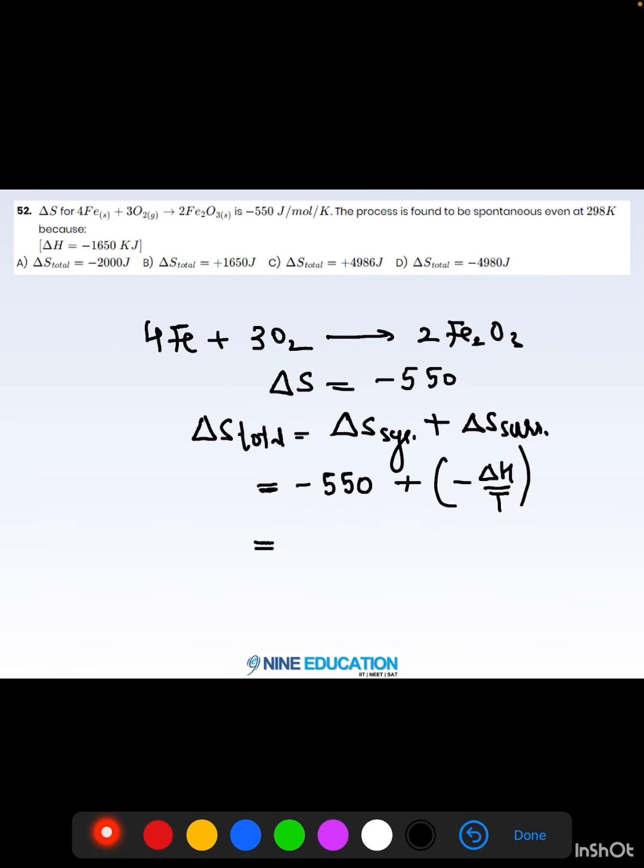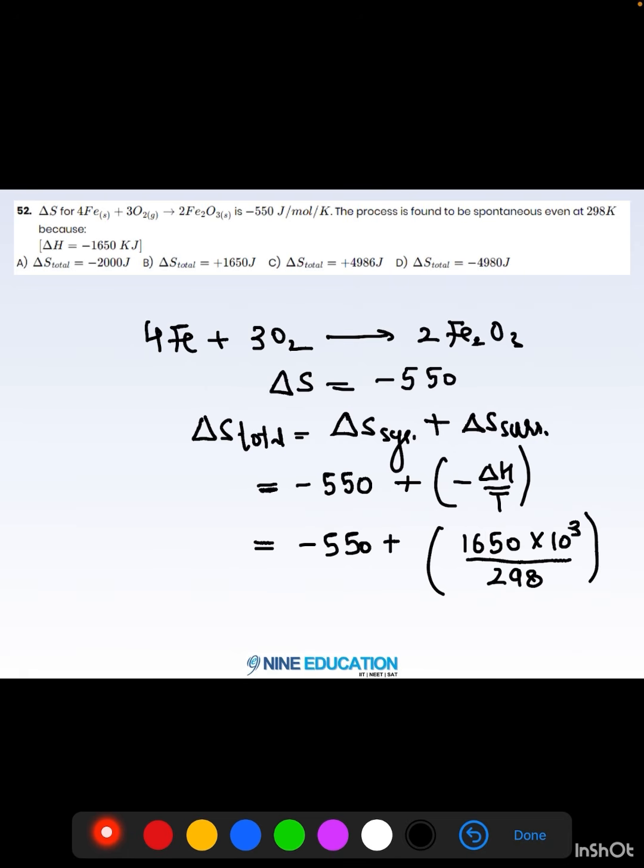So what we'll be having? We'll be having minus 550. The value of delta H is already given here. Minus of minus 1650, right? So what it will be? You'll be having 1650. Just remember that it is given in kilojoules, so do not forget to put 10 raised to power 3 here in order to convert this into joule, divided by the temperature, which is given as 298.